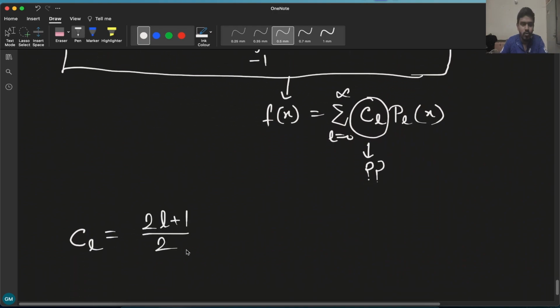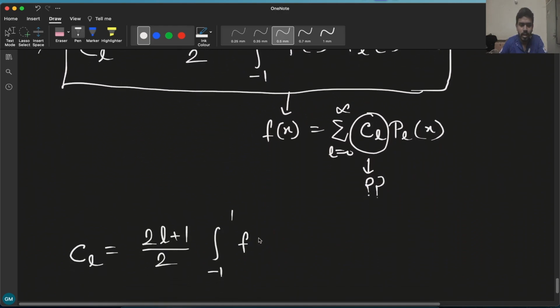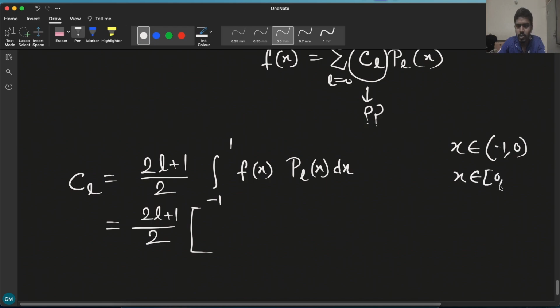C_L is basically (2L plus 1) by 2, times the integral from -1 to 1 of f(x) P_L(x) dx. And what is f(x)? This f(x) is 0 when x is from -1 to 0, and when x is from 0 to 1, f(x) will be 1.